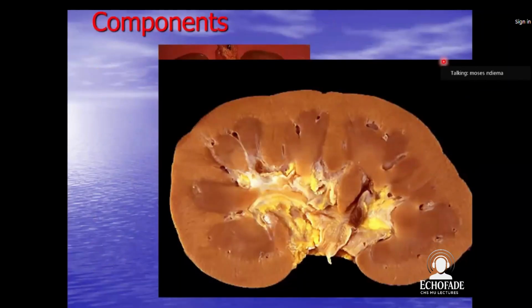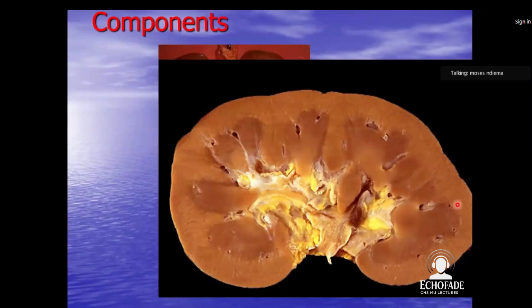Now, when you look at the kidney as an organ, the kidney is usually covered by a capsule, just like any other organ. It contains connective tissue. It also contains the particular cells that are functioning in the kidney. When you cut a fresh kidney, we know there will be a capsule on the outside covering it.